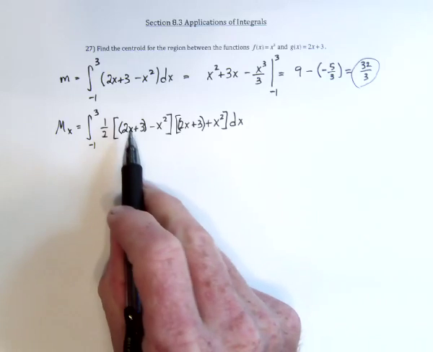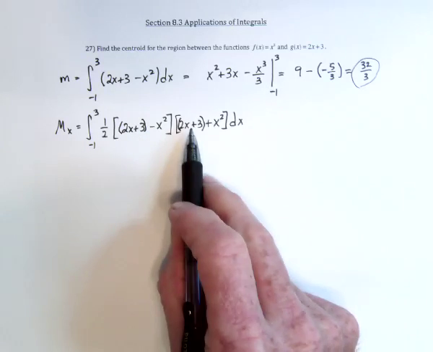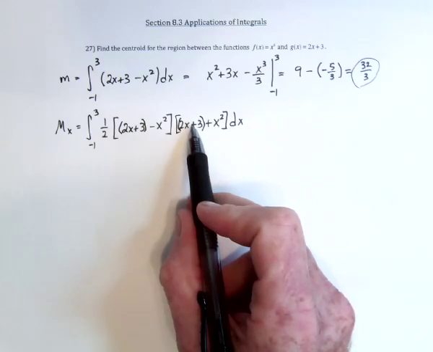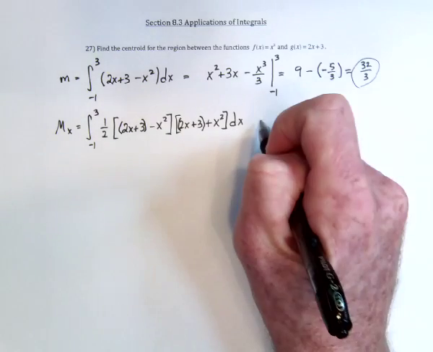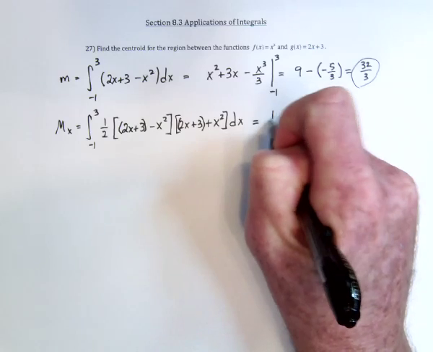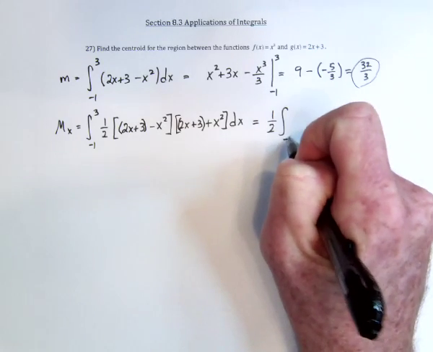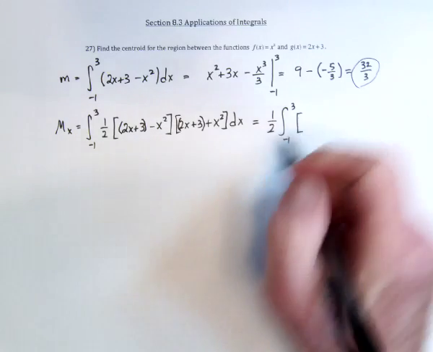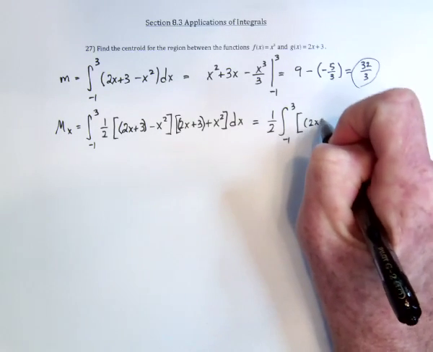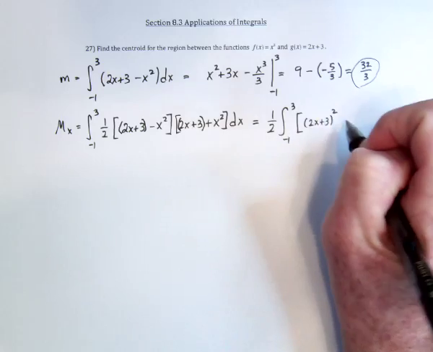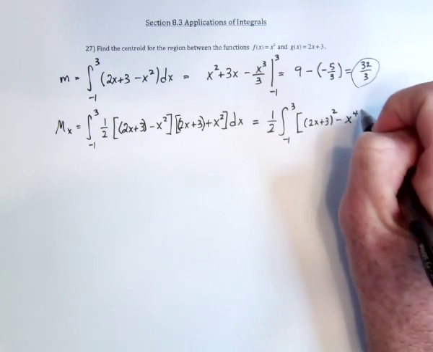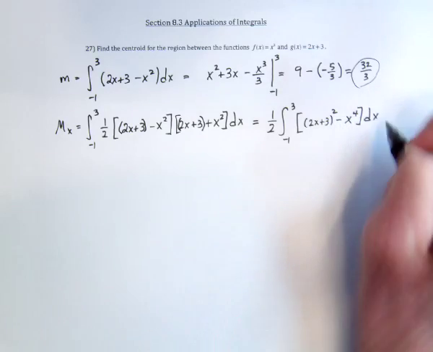So we really just need the first one times the first one, and the last one times the last one. That's going to be 2x plus 3 squared, and then minus x to the 4th. And that's what we need to integrate.